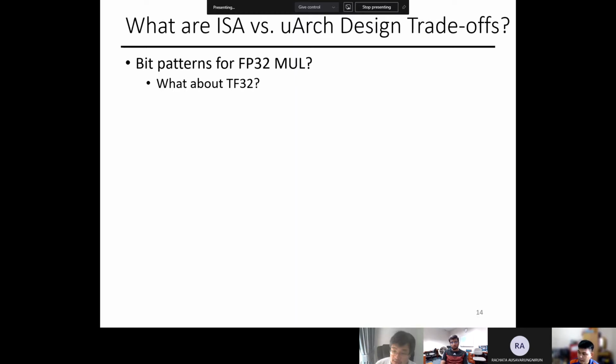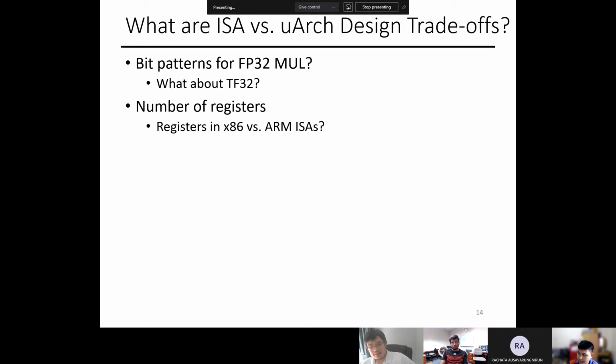So you need to know what the trade-offs are. The number of registers in x86 versus the ARM ISA is different, right? It depends on the demand from the user and the way you define the ISA. Each one of these ISAs would have a different number of registers, and the hardware will implement that specification.